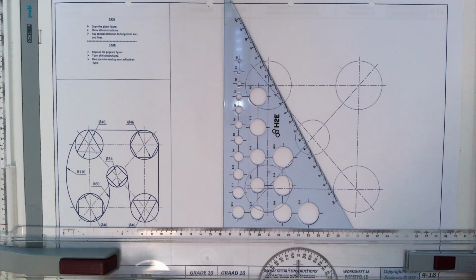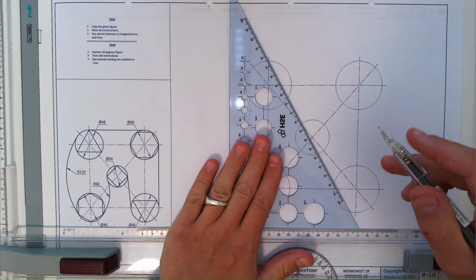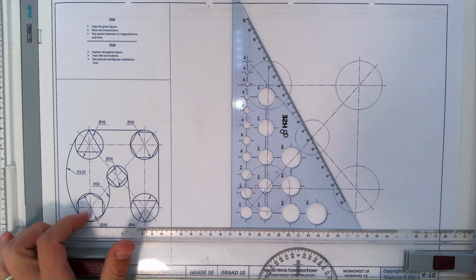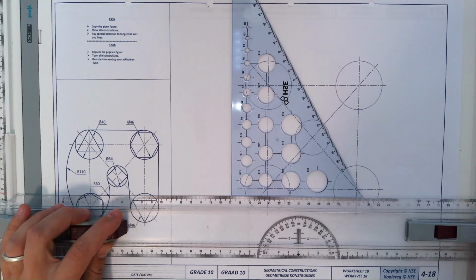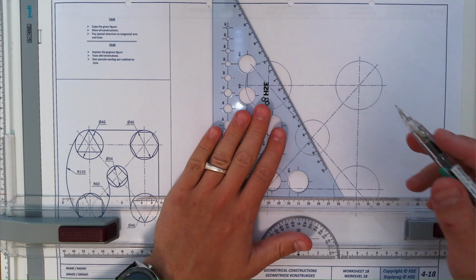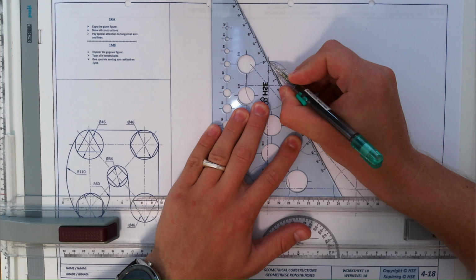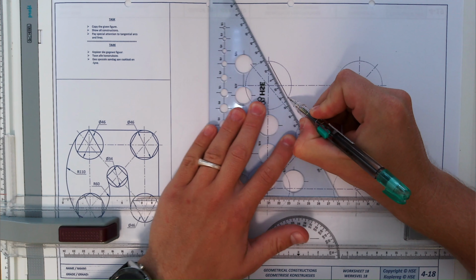I'm going to take my 60 degrees, set it to that point. Make sure that your 60 degree triangle is flush and flat against your T-square. Lock your T-square to make sure that it doesn't go anywhere. From the top there, draw a solid line all the way until you get to the arc of the circle.